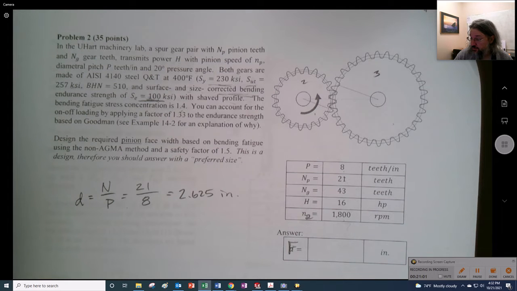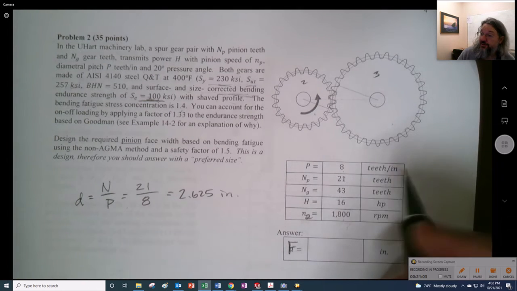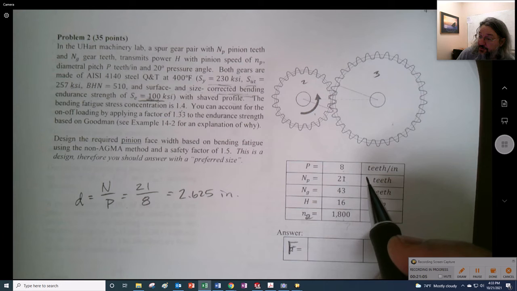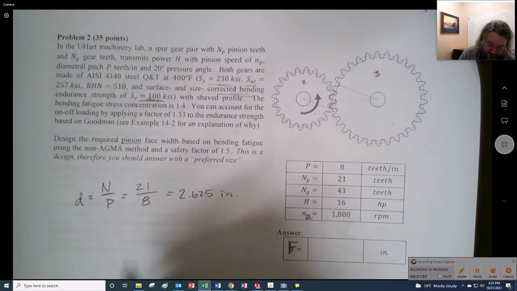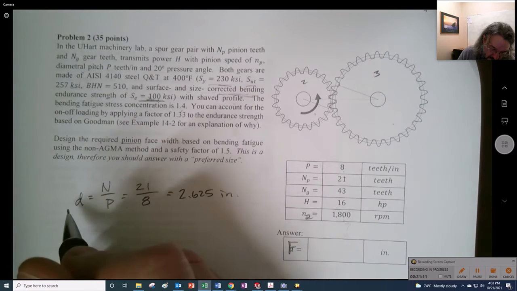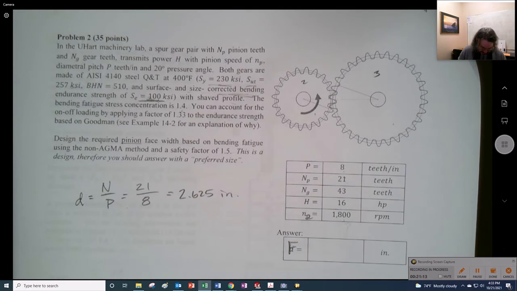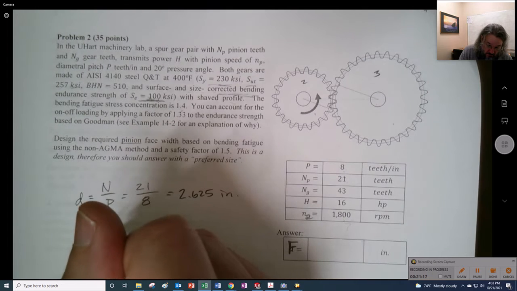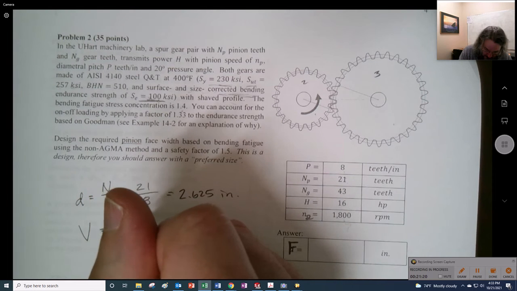Let me double check I get everything right. Sure. And from this, we can get the pitch line velocity, in the same way we did in the previous problem.